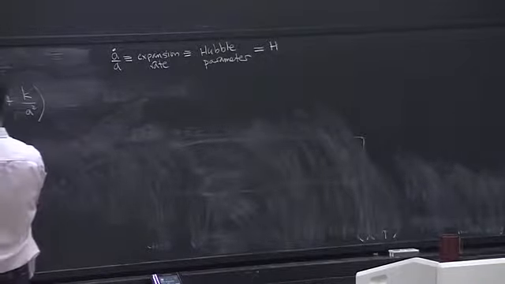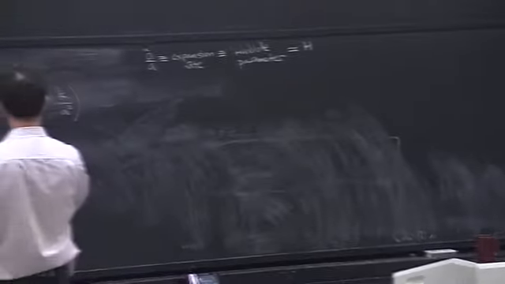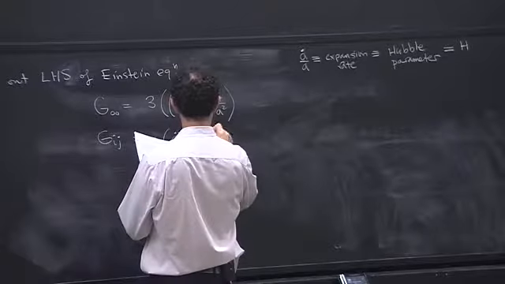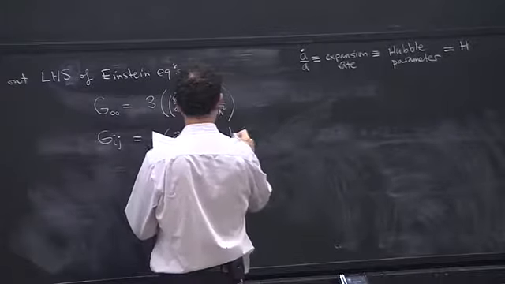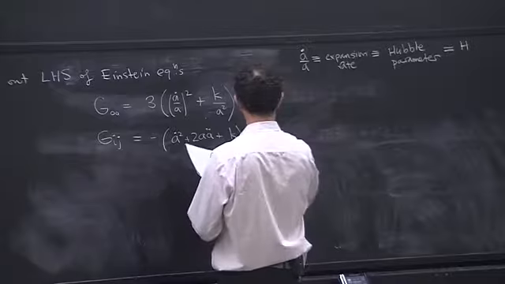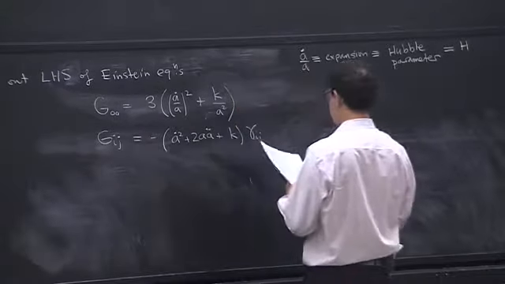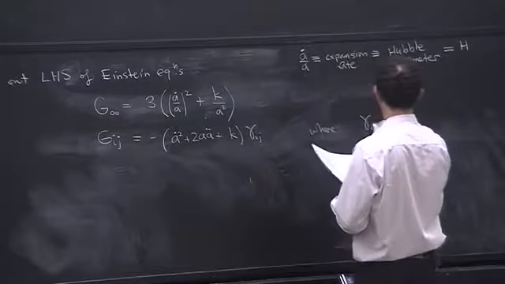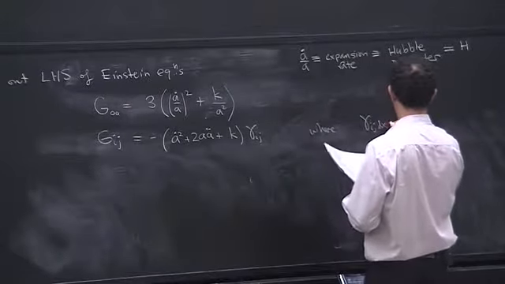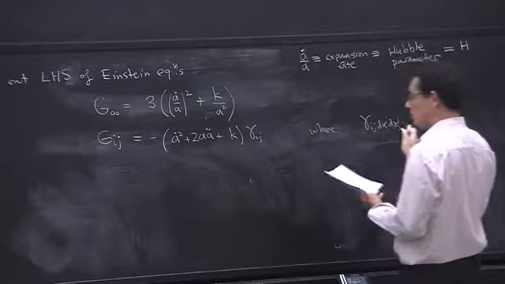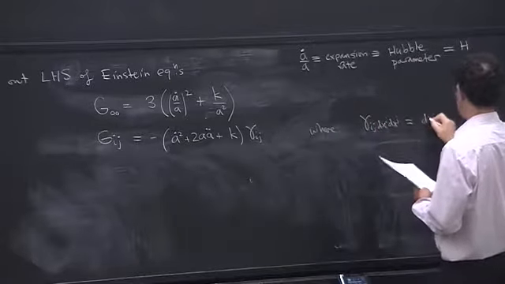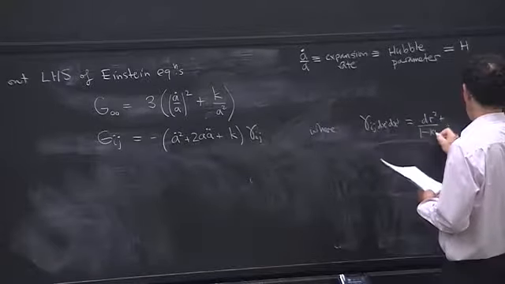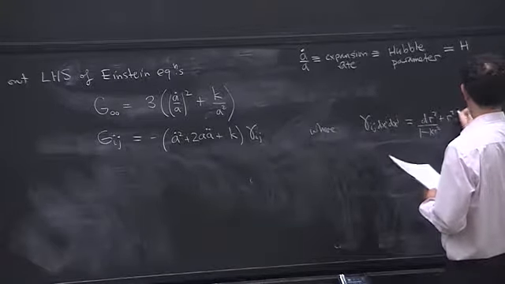This turns out to be minus a dot squared plus 2a a double dot plus k, times gamma ij, where gamma ij dx^i dx^j is the spatial line element, that's dr squared over 1 minus k r squared plus r squared d omega squared.